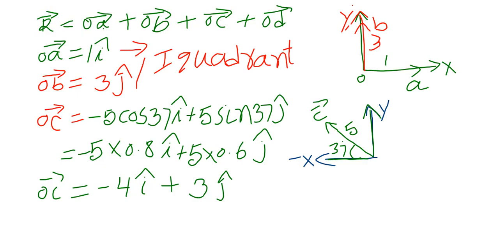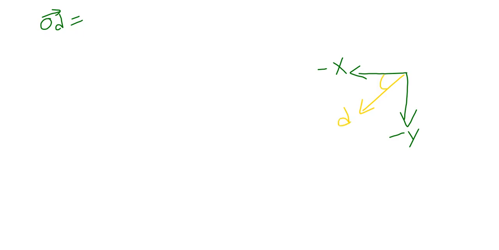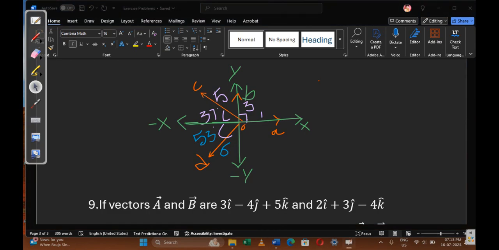OD bar is in the negative x-axis and negative y-axis, and the vector D is making an angle of 53 degrees with the negative x-axis and its length is 6 centimeters.